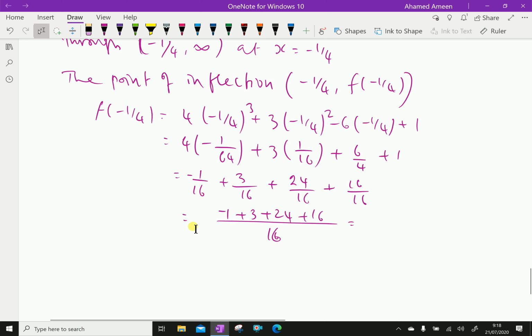Here we have f of x equals 4x cubed plus 3x squared minus 6x plus 1. We are using x is minus 1 by 4: minus 1 by 4 cube, and 3 into 1 by 4 square, minus 6 into minus 1 by 4, and plus 1. Here 4 by 64 is 1 by 16.